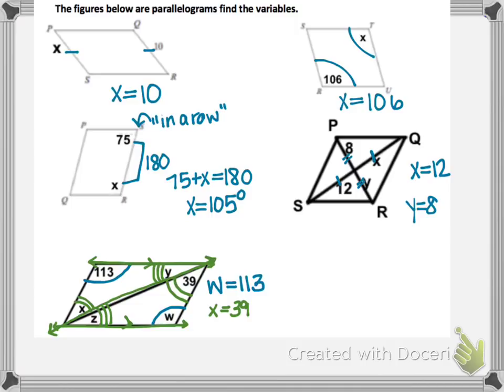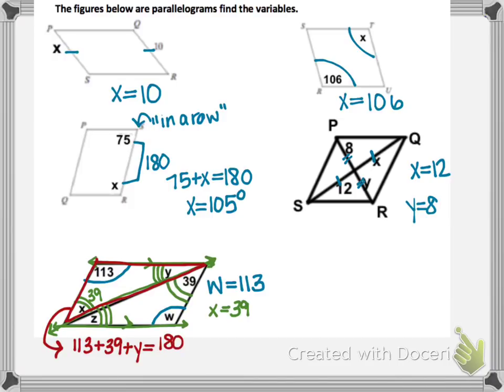So if I know that x is 39 degrees, I now have this triangle right in here that I'm outlining in red right now. So all those angles are going to add up to 180 since it's a triangle. So I have 113 plus 39 plus y equals 180.